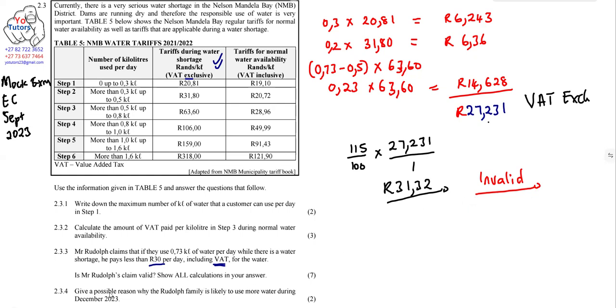Now give a reason why Mr. Radolf's family is likely to use more water during December 2023. What do we know about December? December has got holidays. So December is holiday time. So we expect Mr. Radolf to be home most of the time. So here we are saying it's because of holidays, you will be home most of the time.